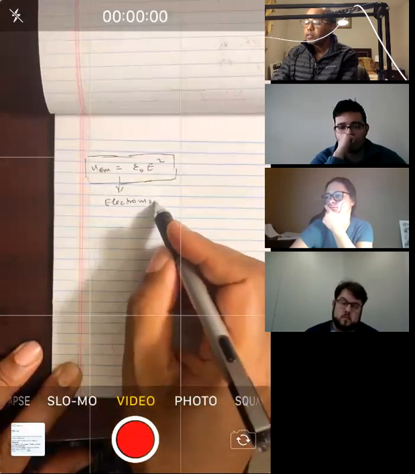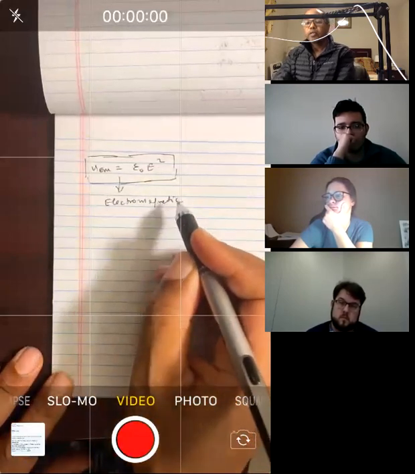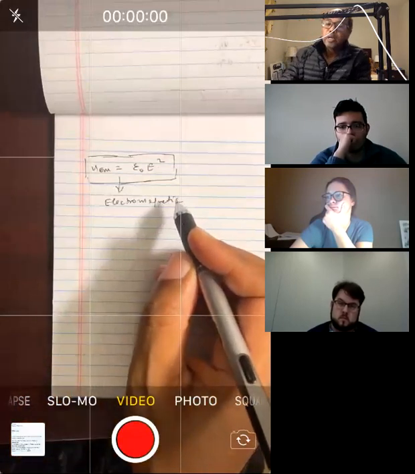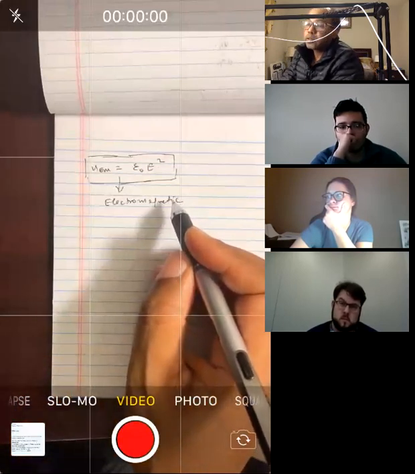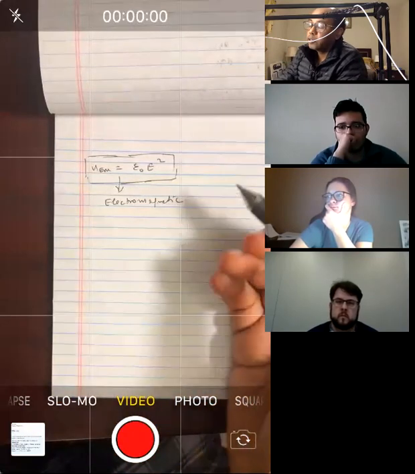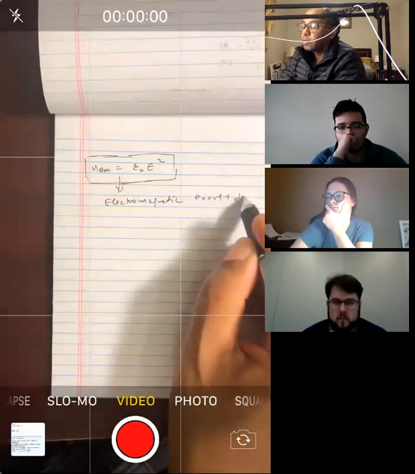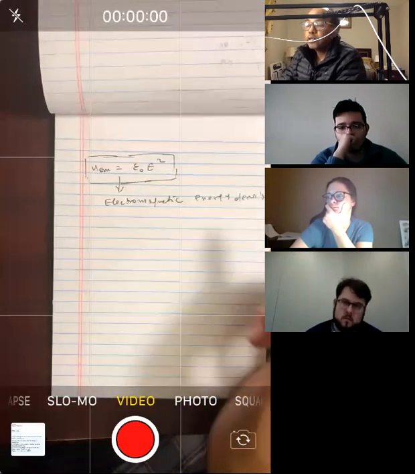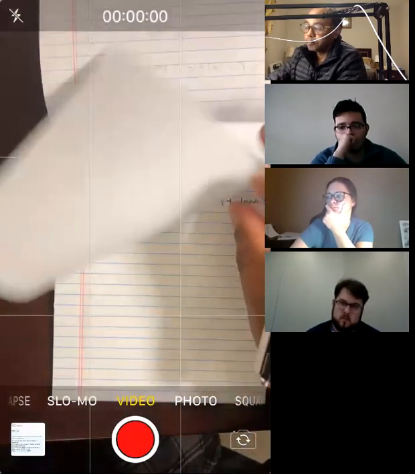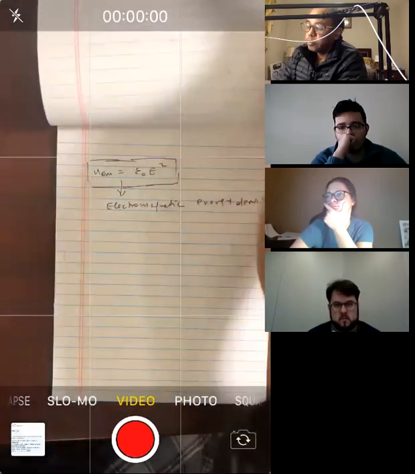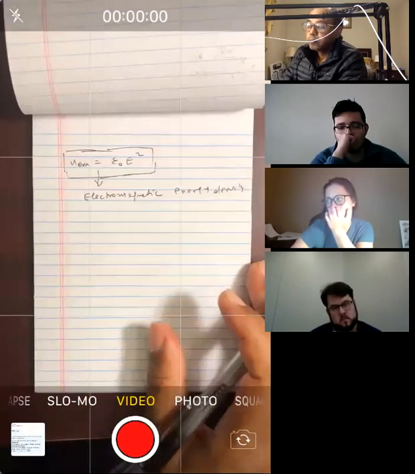So what that tells us is the contributions of the magnetic energy and electrical energy are equal. They're both equal. You just get double the energy density. And if you want, we can write it in terms of magnetic field.